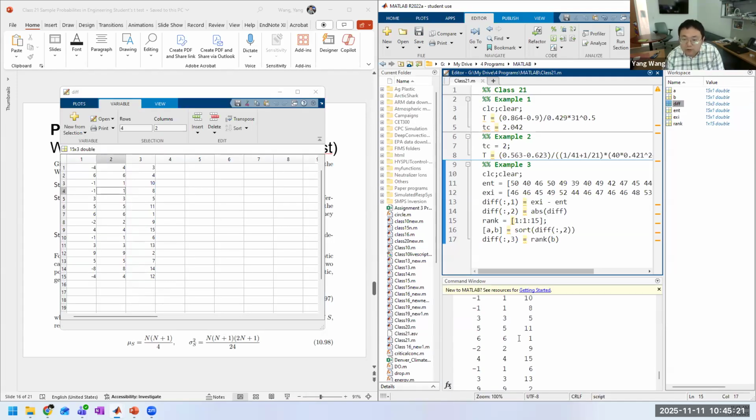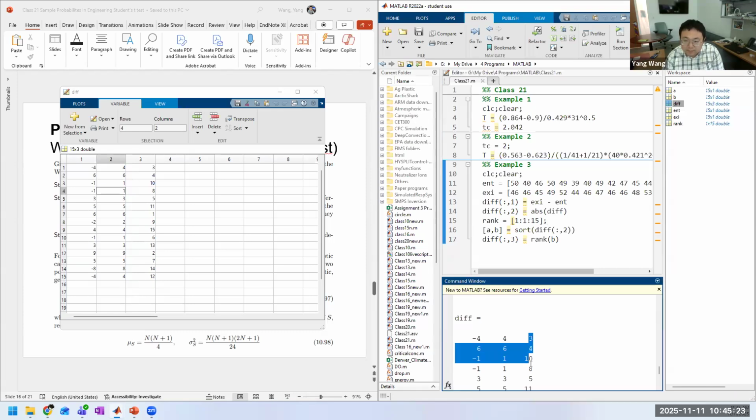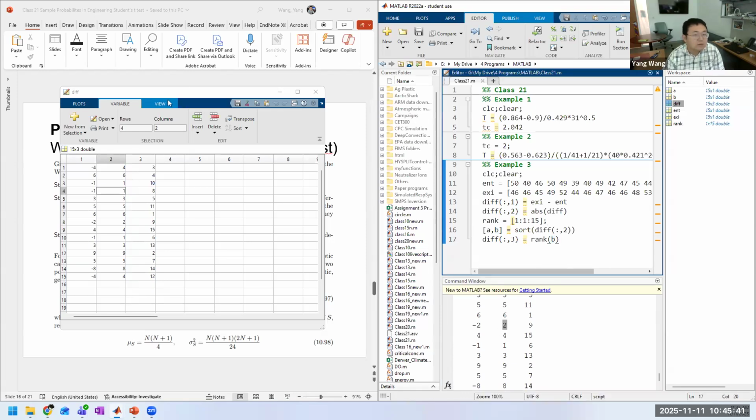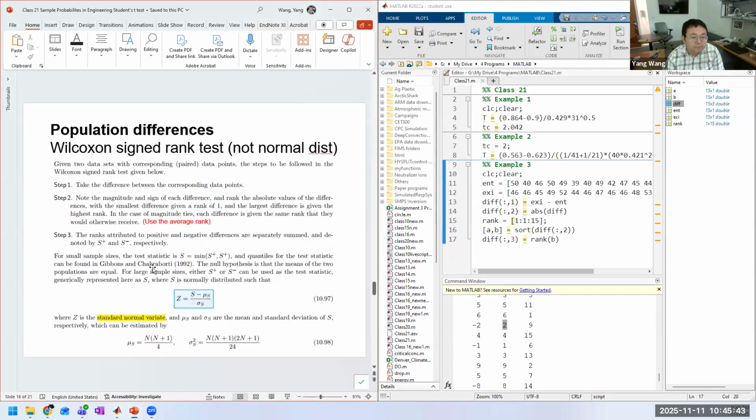You could do that the writing way, say 1, 1, and 1, we give the rank of 1, 2, and 3. Maybe it's easier to do it on pencil and paper. The next is given the rank of 4, and so on and so forth. So basically this is what you're going to see.